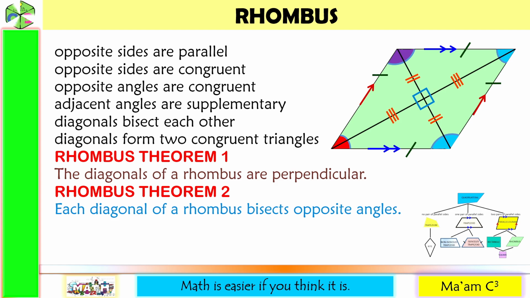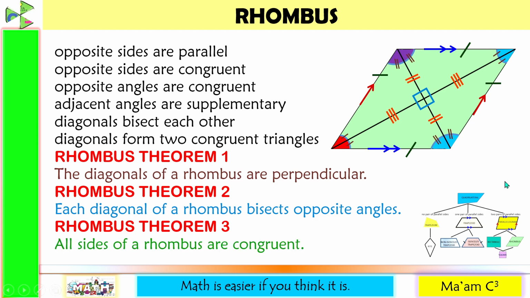So if we are going to consider this diagonal, then it means that these angles are congruent. The bisected angles. So this one with this one with this one. And if we are going to consider this diagonal, then these bisected angles are congruent as well. And the last rhombus theorem is that all sides of a rhombus are congruent. So all sides are congruent.